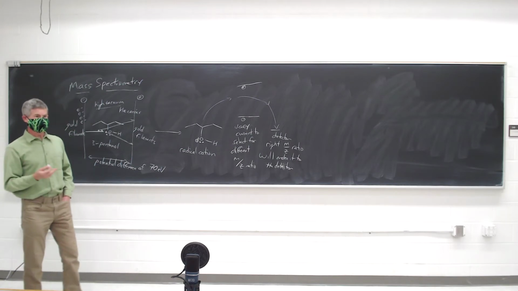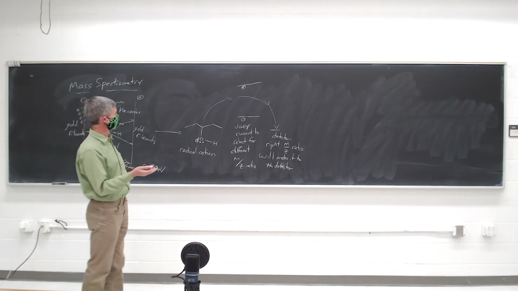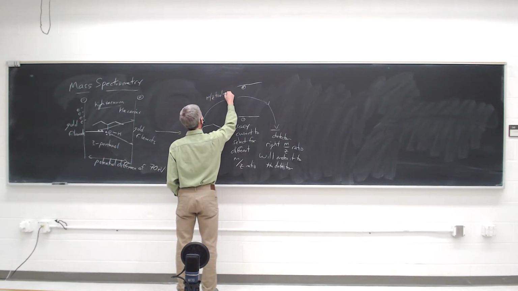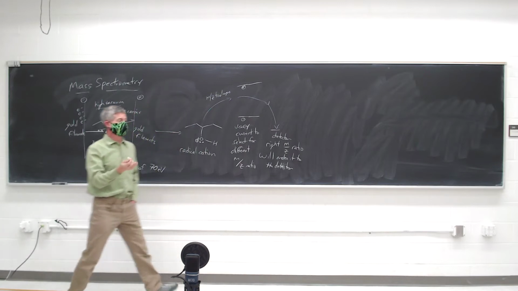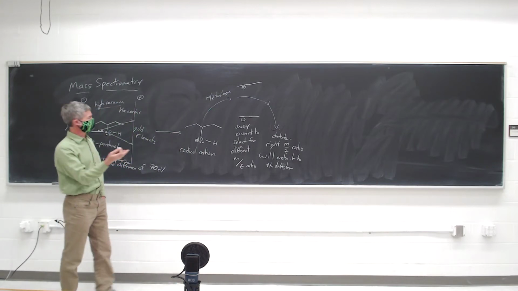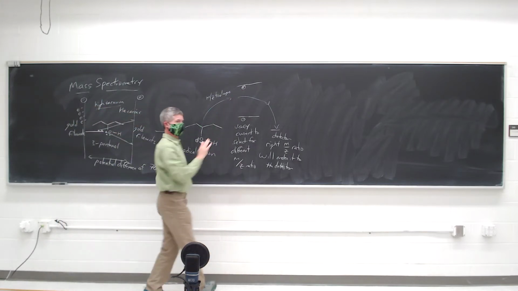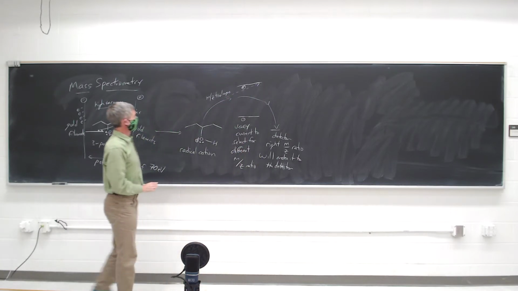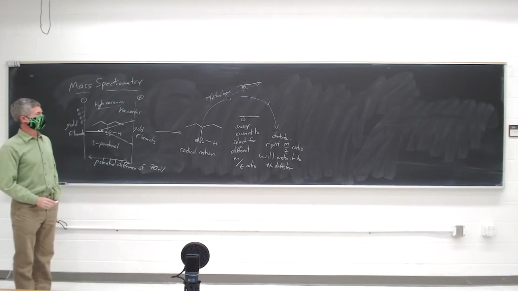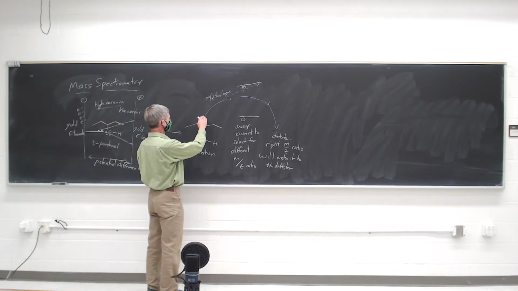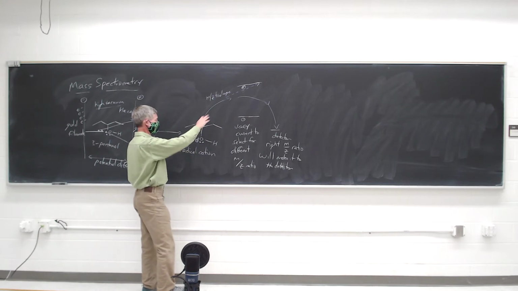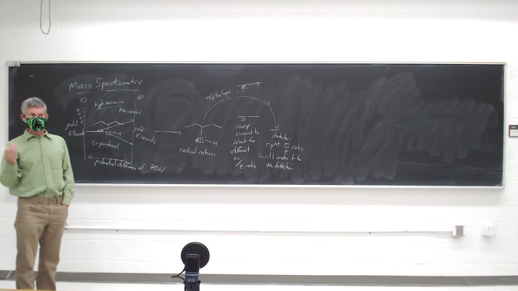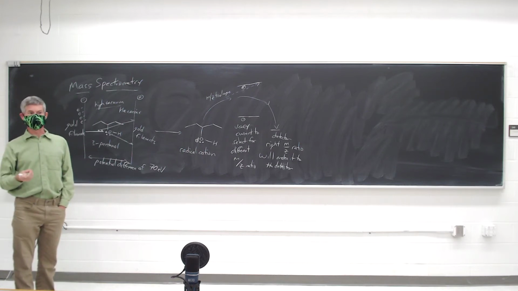If the mass over charge ratio, if the M over Z is too high, it will have too much momentum and it will not actually be repelled strongly enough by that positive plate, and it'll go crashing into the positively charged plate. Because the force of the moving particle is larger than the force exerted by the positively charged plate.